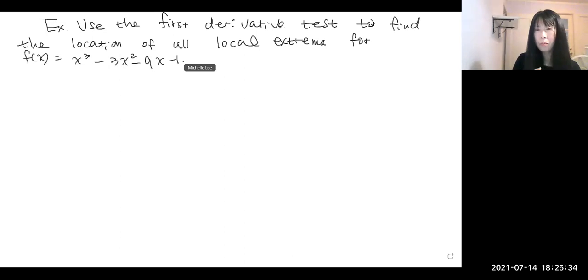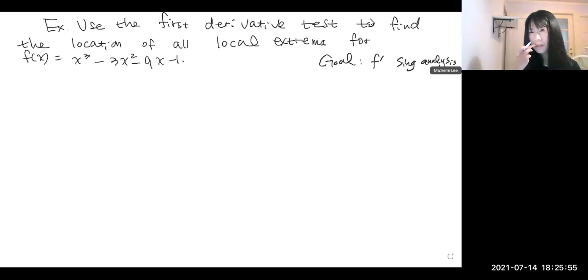Okay, so we want to know f prime, right? Do sign analysis. Okay, that is the first derivative test. Then we can determine f. It's increasing, decreasing. Then we can draw. So there is a local max or minimum.